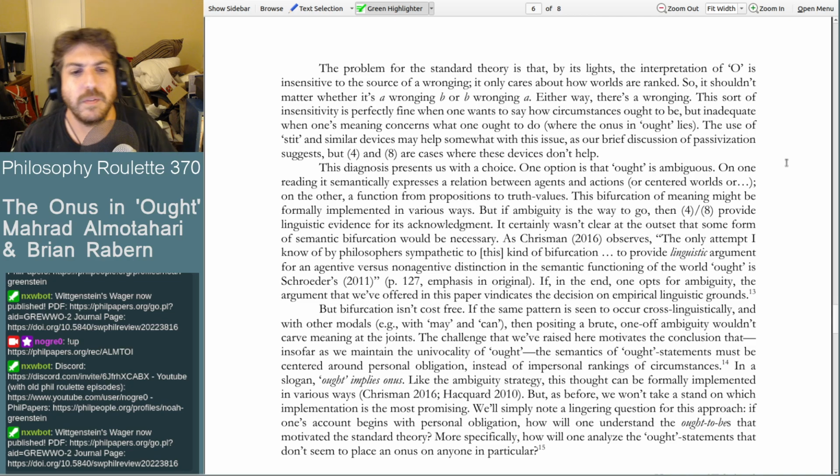This sort of insensitivity is perfectly fine when one wants to say how circumstances ought to be, but inadequate when one's meaning concerns what one ought to do, where the onus in ought lies. The use of stit and similar devices may help somewhat with this issue, as our brief discussion of passivization suggests, but 4 and 8 are cases where these devices don't help. This diagnosis presents us with a choice.